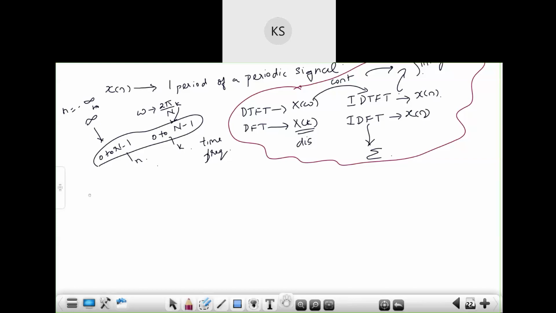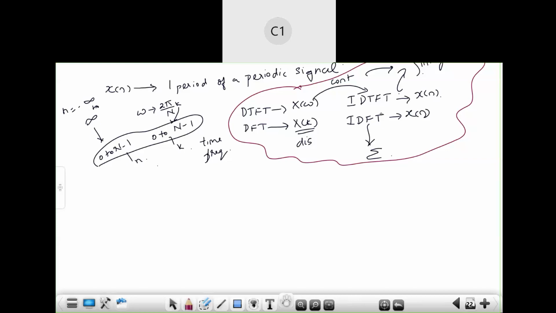Who is that making noise? 14. Present, ma'am. 15. Present, ma'am. 16. Present, ma'am. Chandrasekhar. 20 present, ma'am. 21.